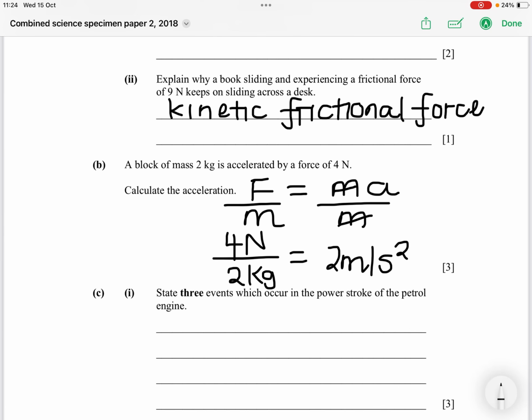State the 3 events which occur in the power stroke of the petrol engine. So when the piston ascends and reaches the top dead center, there is spark ignition that occurs. So you need to talk about the spark ignition. Number 1. This is the first step.